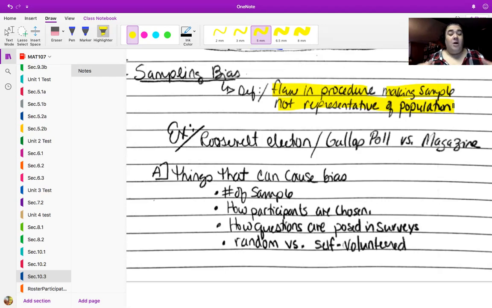For example, like we just did with the elections, if I want to know how people are going to vote for a particular candidate, obviously I can't ask every single person who they will vote for and why.